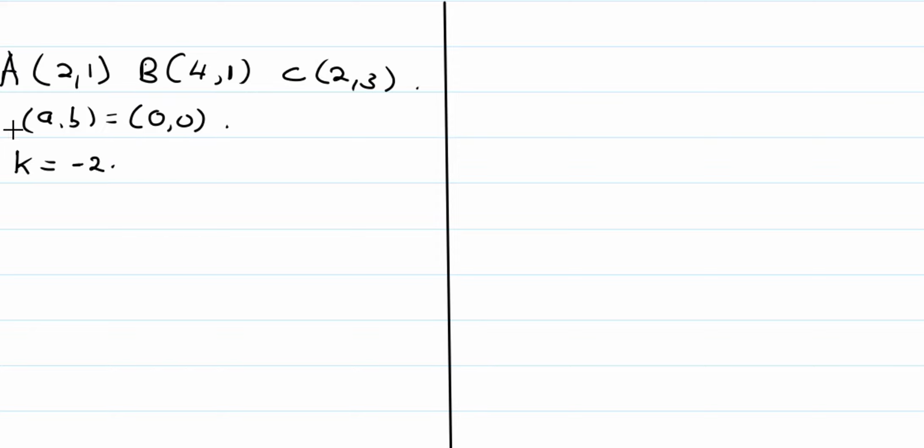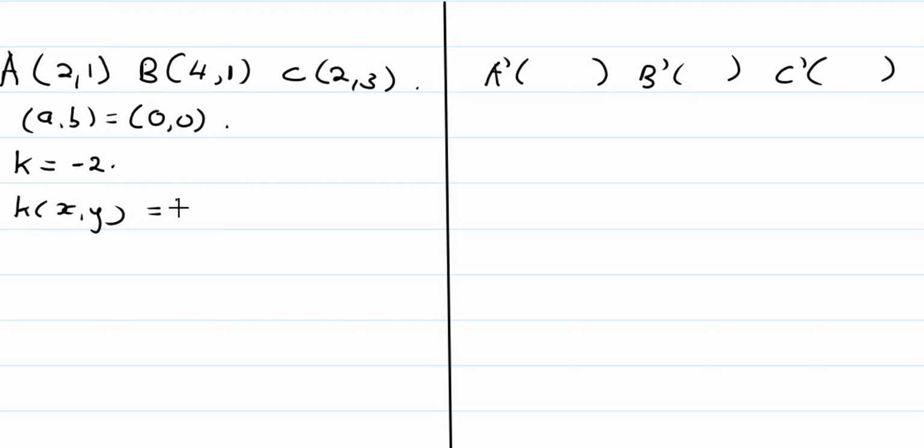So to get the coordinates of the new enlarged triangle, A, B, and C, is very simple. We need to apply this formula: K times (x, y) equals (Kx, Ky).